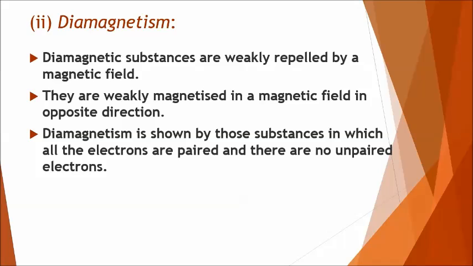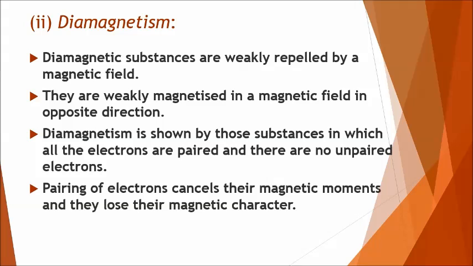The first sentence itself is enough: the electrons should be paired. If paired, then we can say the substance is diamagnetic. Pairing of electrons cancels their magnetic moments and they lose their magnetic character. The examples are H2O, C6H6, NaCl.